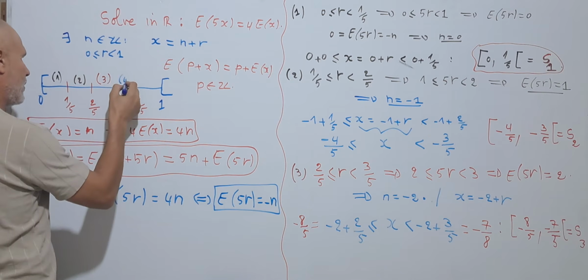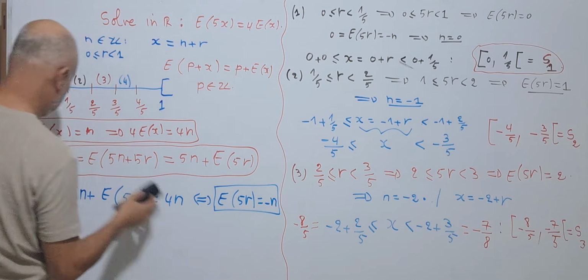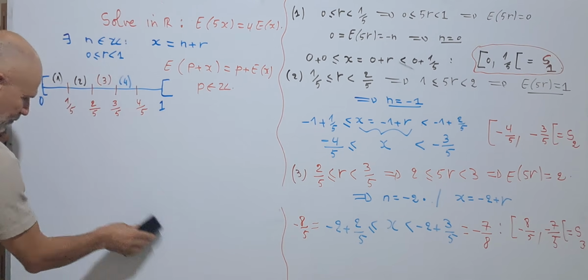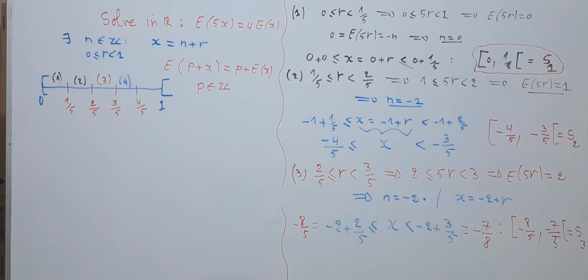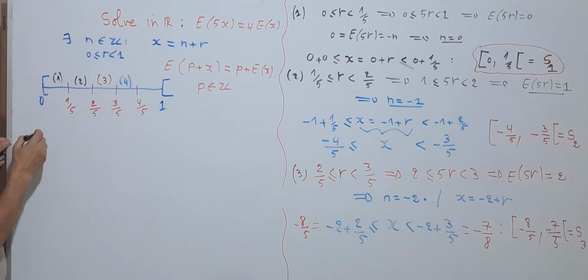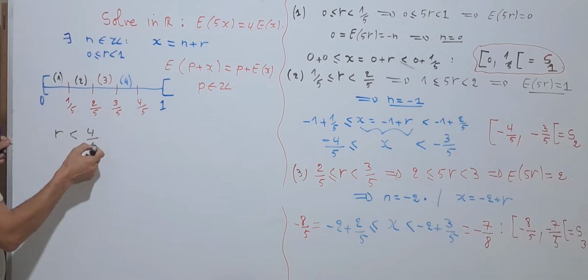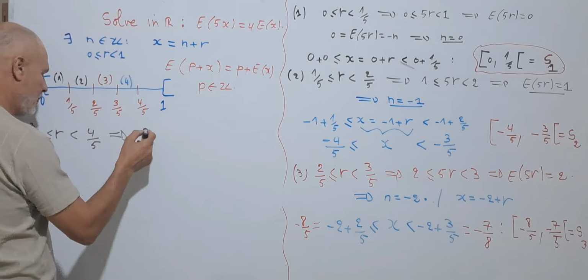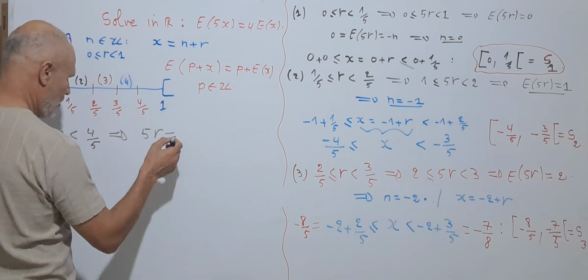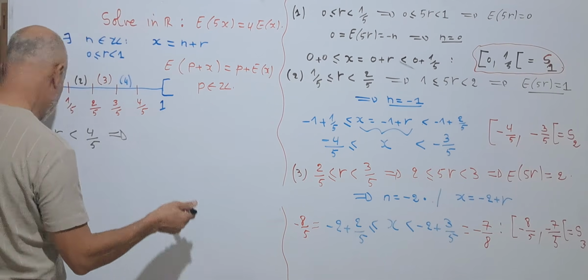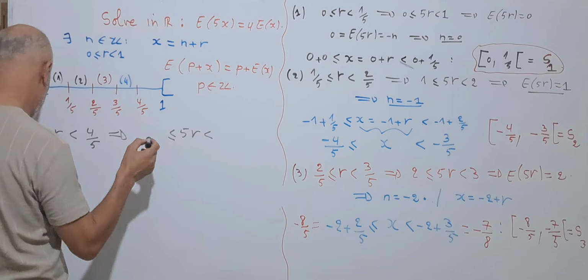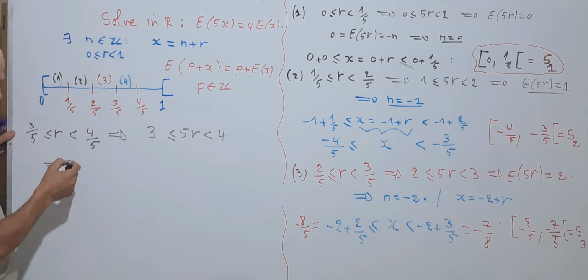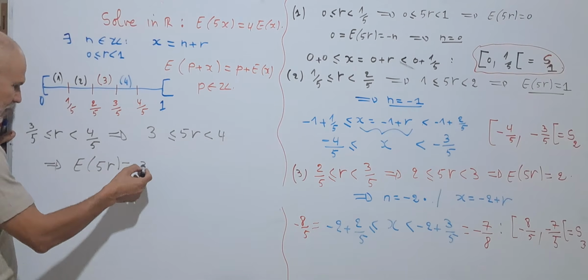The next case, we are here. So for this case, we have r, which is less than 4 over 5 and greater than or equal to 3 over 5, which implies that 5r is greater than or equal to 3 and less than 4, which implies once again that the integer part of 5r is equal to 3.